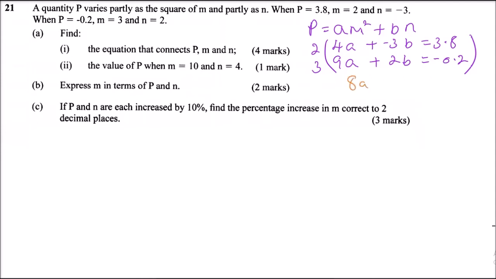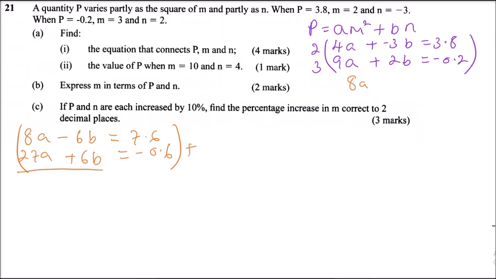So this will give us 8a minus 6b is equal to 7.6, and when you multiply the other one, you get 9 times 3 is 27a plus 6b is equal to minus 0.6. So we can eliminate b by adding, because this is minus and this is plus.